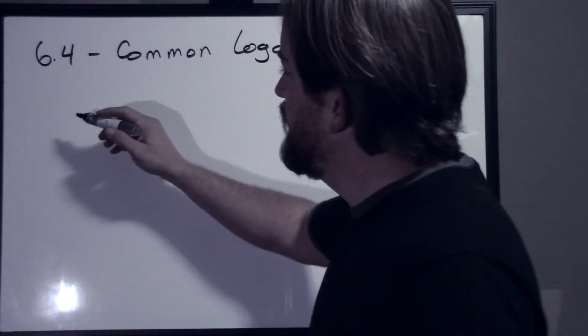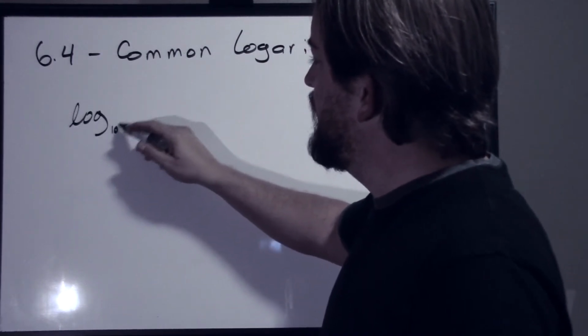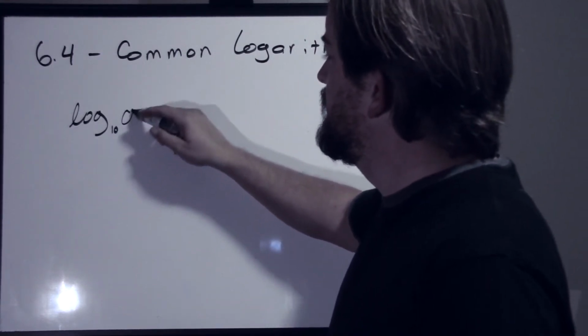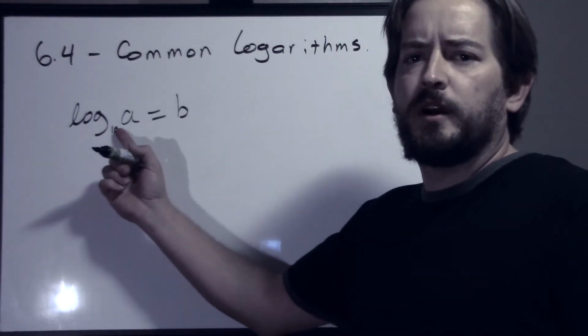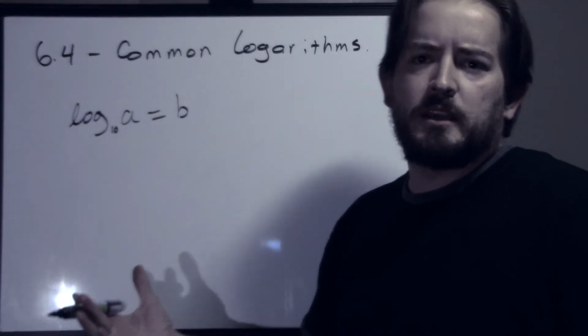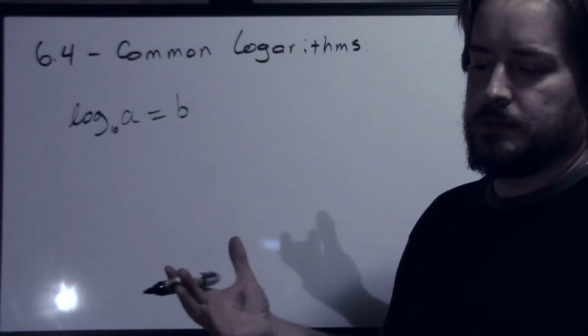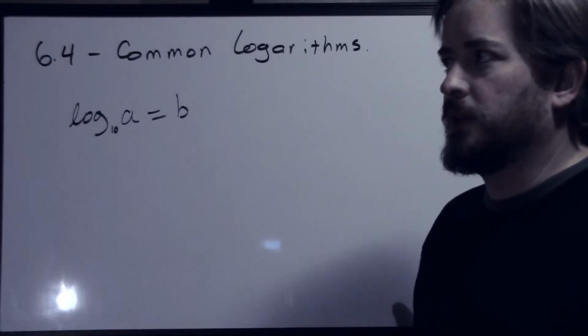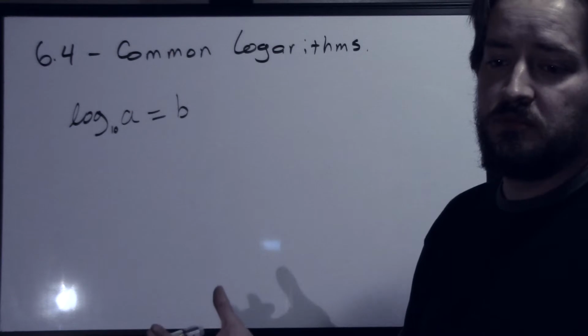So when I have a log with a base of 10 of whatever, typically we just don't even bother writing the 10. A lot of times, like when you see x, that means x to the first power. We don't write the 1 because it's the implied value.